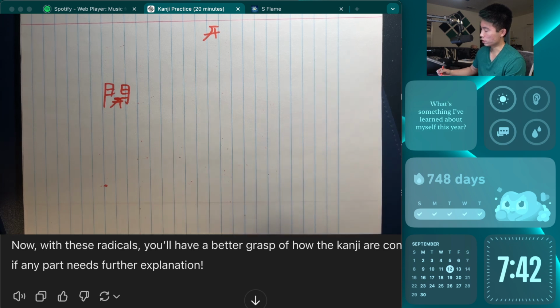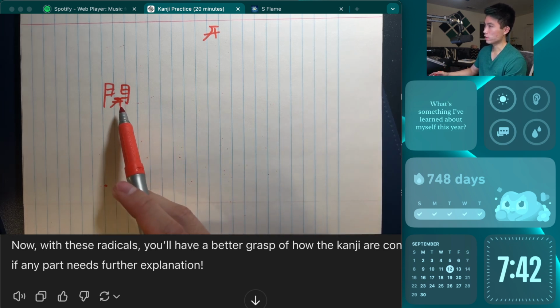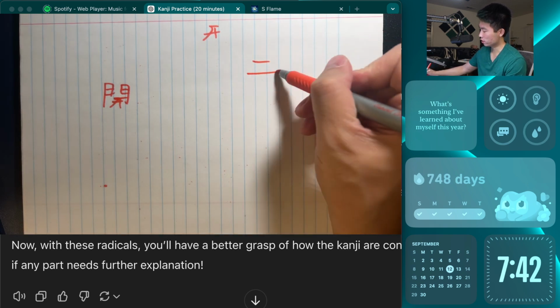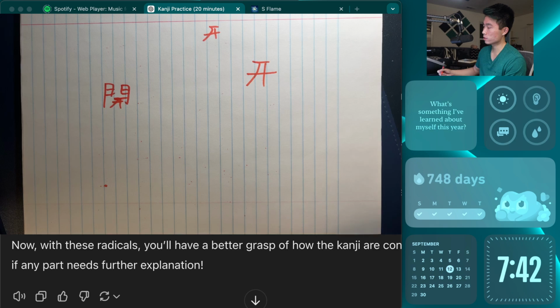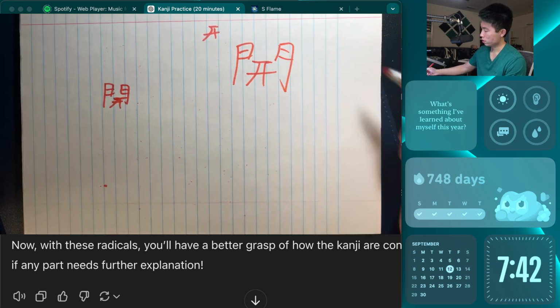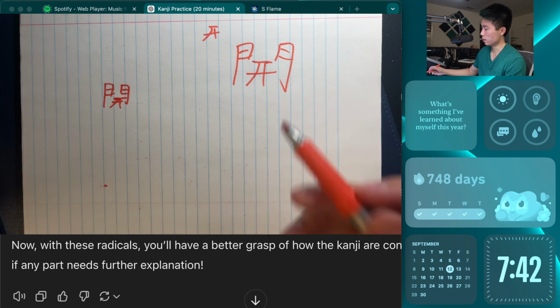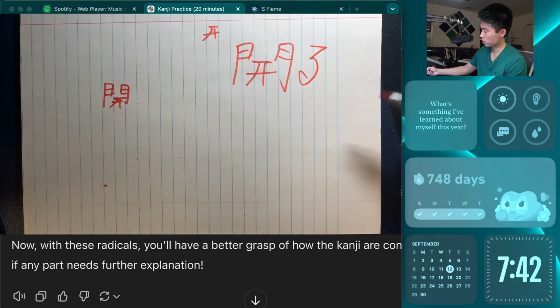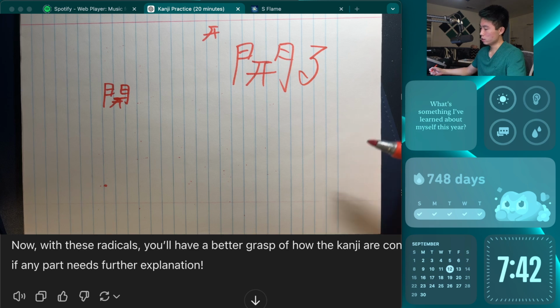You can go through the gate. This is obviously very ugly, but hey, I'll try to do it better. There we go. So that is akeru. Akeru, I believe. We'll check our work afterwards.